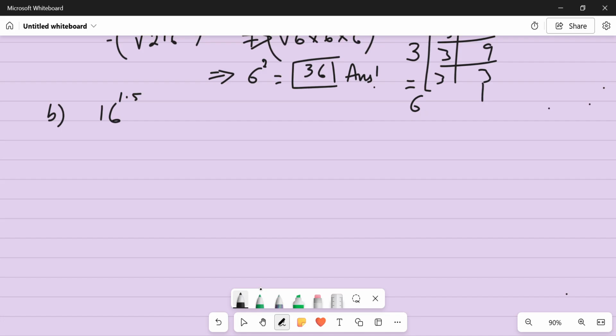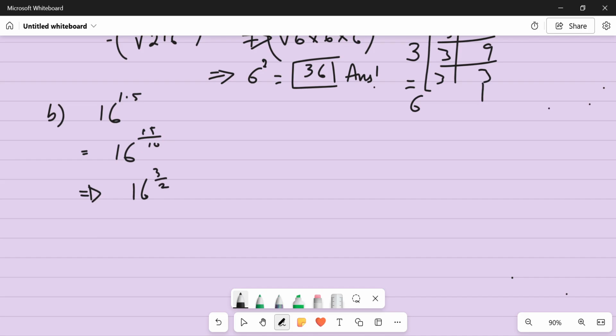So when we convert this 1.5 into a fraction, it becomes 15 over 10, right? And then simplify it, it gives you 3 over 2. 5 threes and 5 twos.